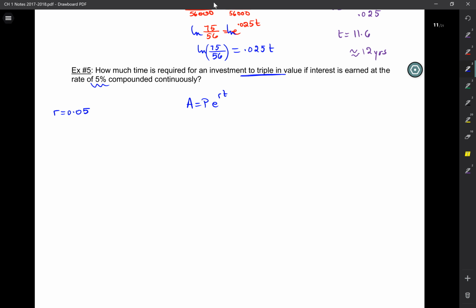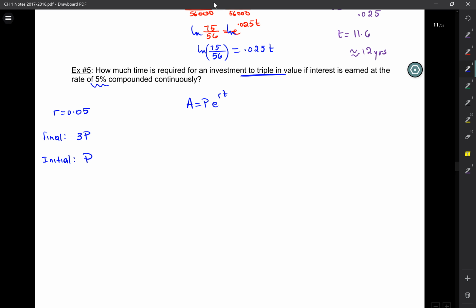So basically, P is my initial amount. So if I start with P dollars, how much do I want to end with? 3P. Okay? So final amount and initial amount. If my initial amount is P, then my final amount has to be 3P because it has to be tripling.